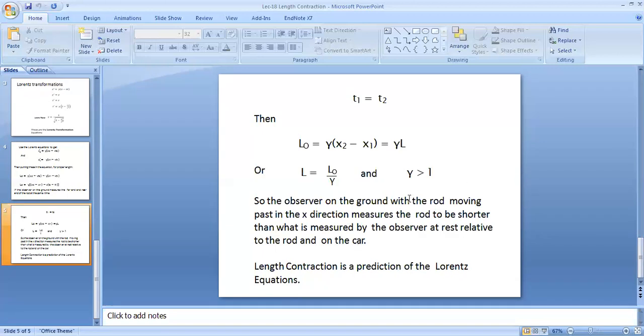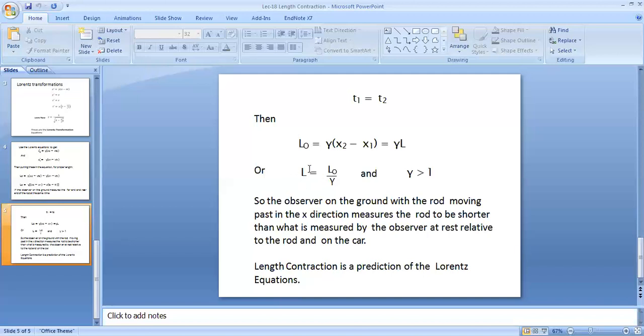The observer on the ground is in relative motion to the rod, which moves with velocity v in the frame of reference with O dash as its origin.